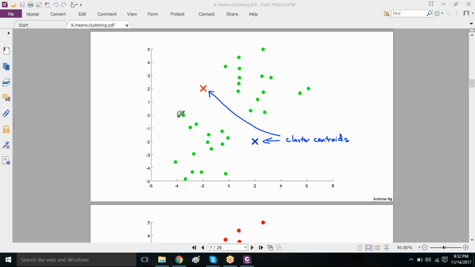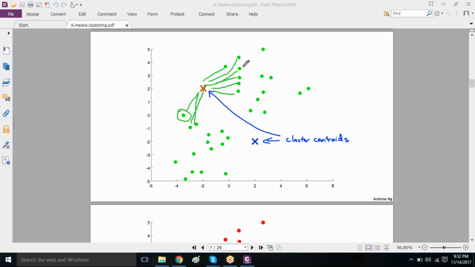So tell me, this will belong to which centroid? This will belong to the red one. Why? Because it is nearer to this centroid. And remember, these two crosses have been chosen randomly. So choose randomly at any place and then assign all the data points to one cluster or the other, I mean centroid.